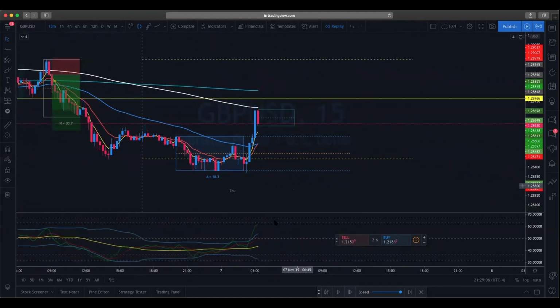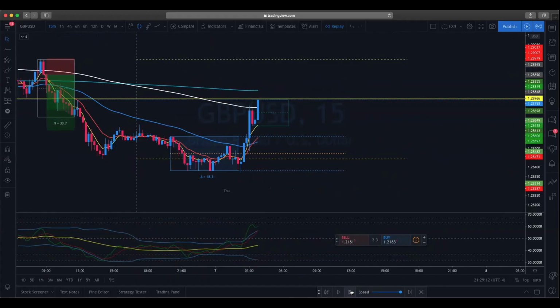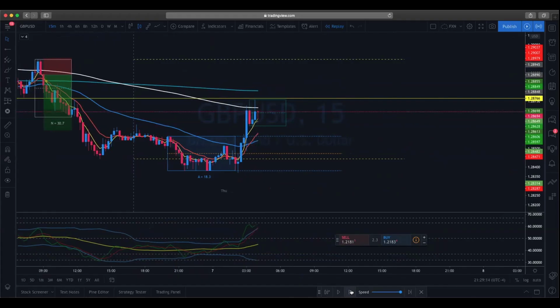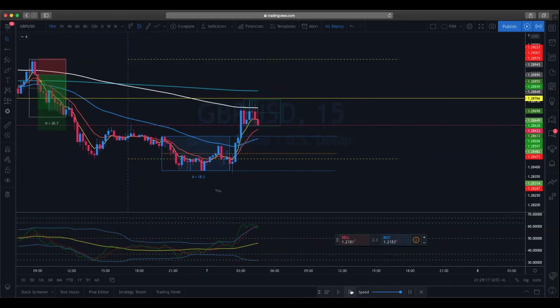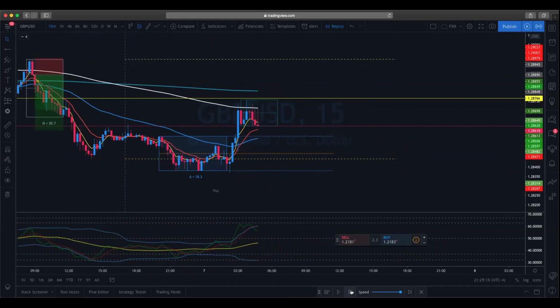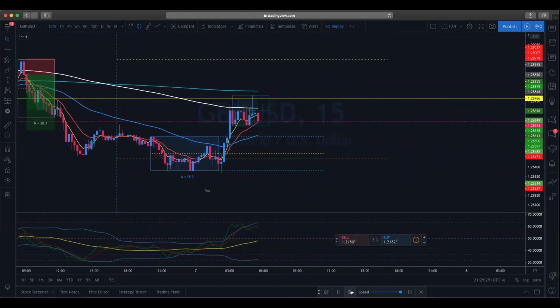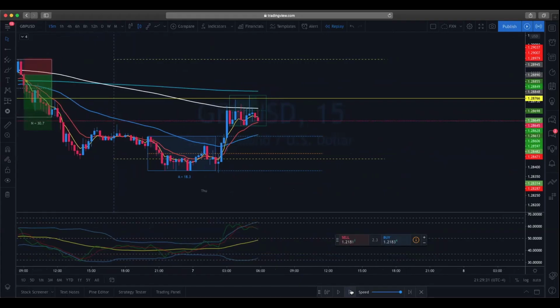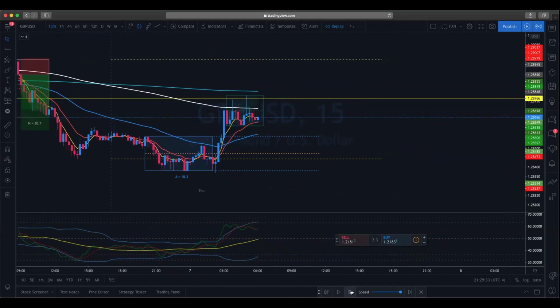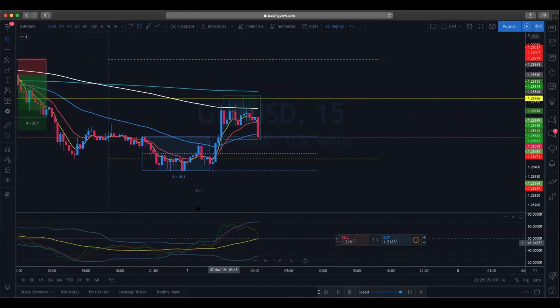Just by that, what's the only option for a sell setup? Type 1, right? I mean, just look at that behavior. Come on. Yeah, there you go.